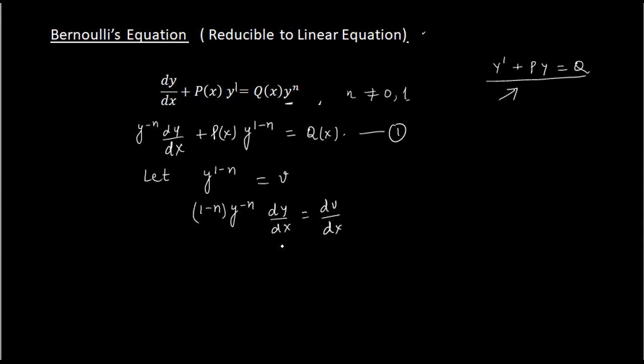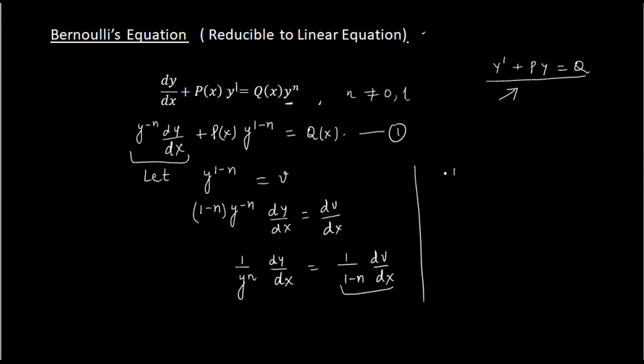So this can be written as 1 over y raised to the power n dy over dx is nothing but 1 over 1 minus n times dv over dx. Let us substitute these two values in equation 1. We get 1 over 1 minus n times dv over dx plus p of x times v equals q.